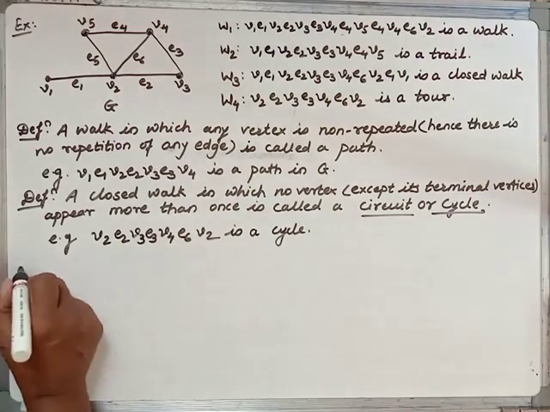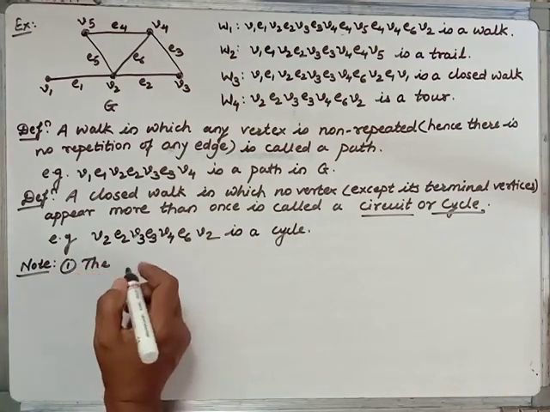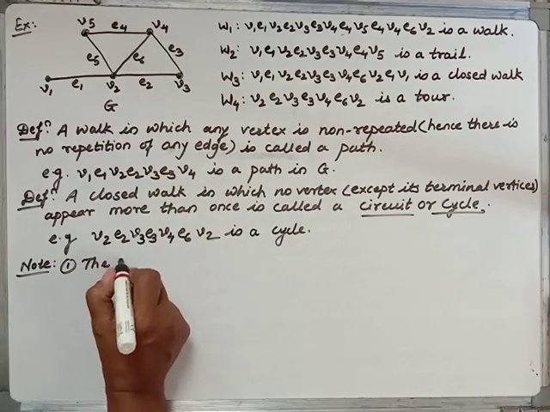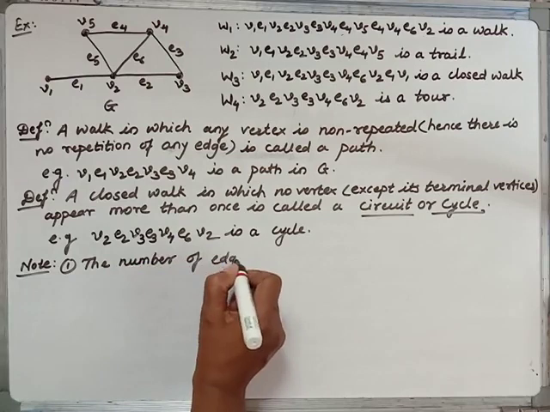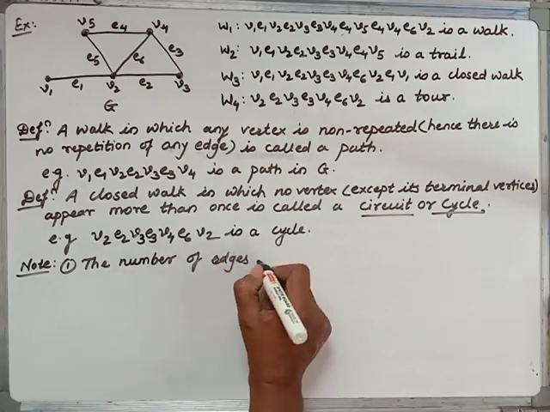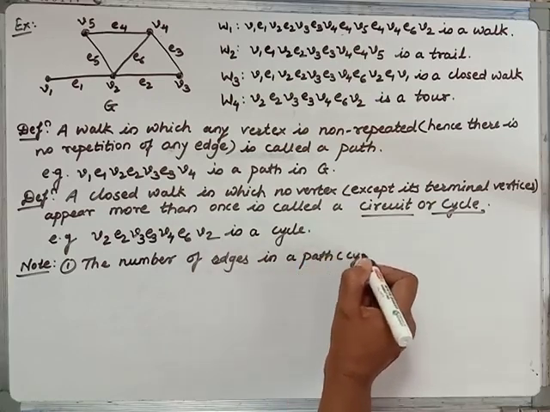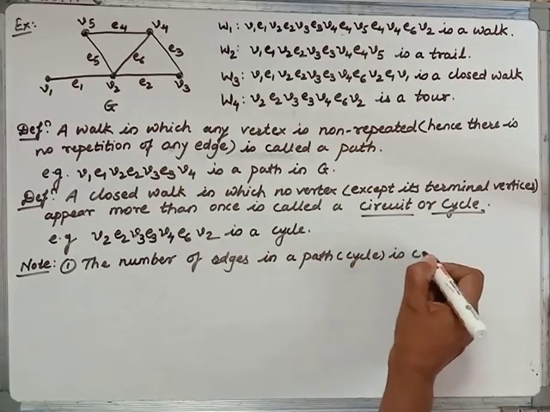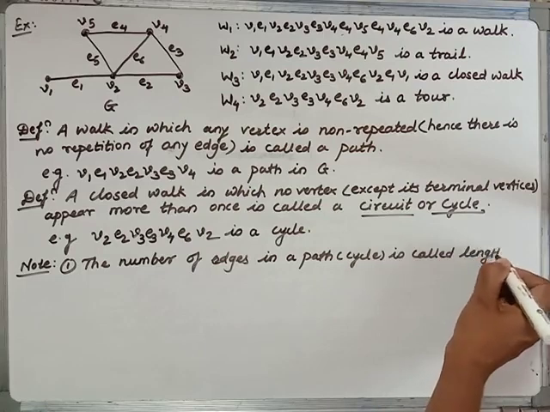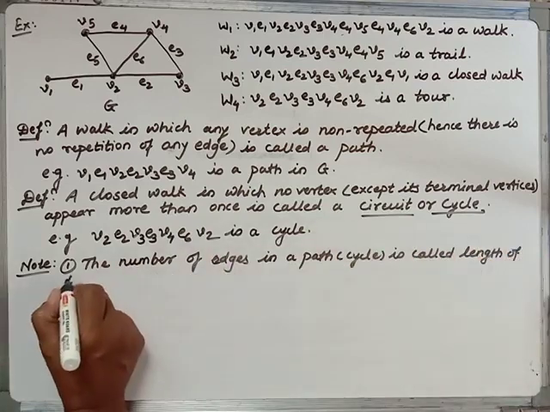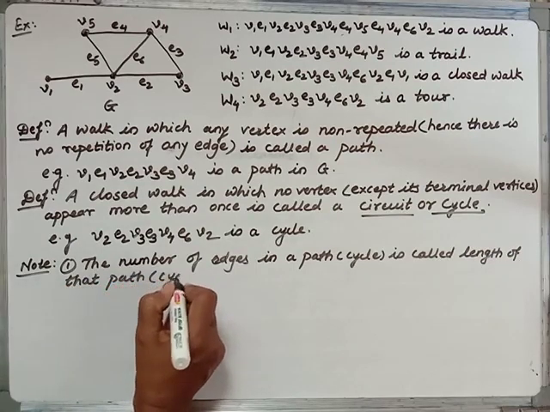Fine. Now write down a few notes. First, the number of edges in a path or cycle is called the length of that path or cycle.